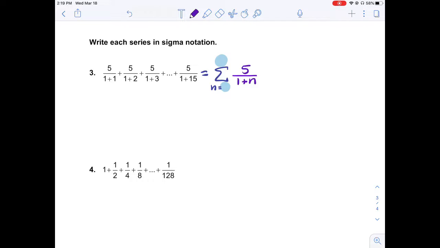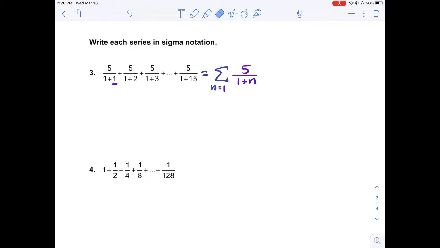Let's try it out. Third term, n is 3. For the third term, that's 5 over 1 plus 3. That matches with what I see in the third spot in this series. So then we need to fill in our bounds. What is the first value of n that we would need to plug in to get a 1 in that spot? Well, that would just be n is equal to 1. So we're going to start from n is equal to 1.